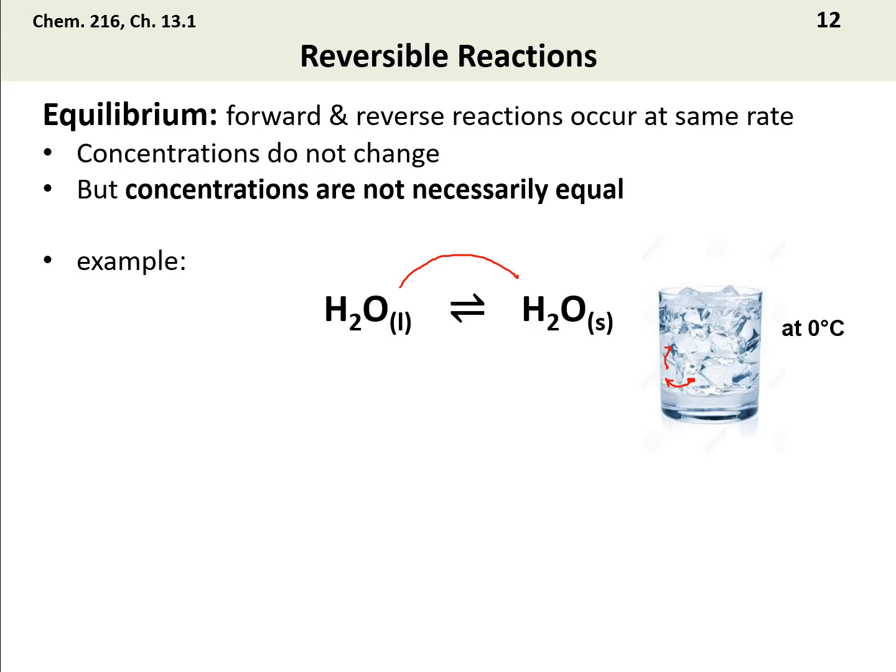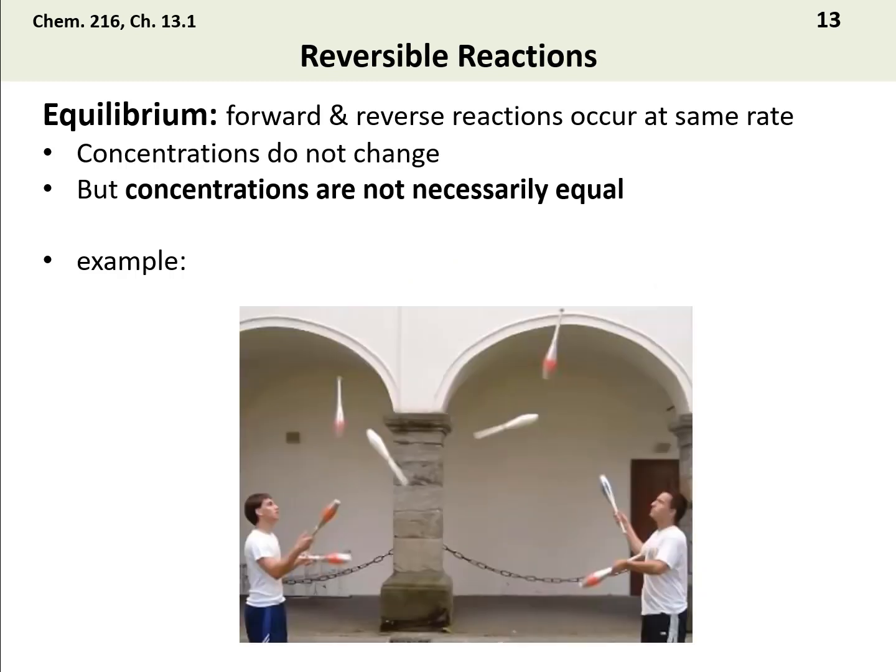it looks like it's staying constant. Here's another example from the book. Let's say we have these two guys and they're juggling, right? At any given time, this guy has two juggling, whatever they're called. This guy has two as well, right? But this one is going to go over here.